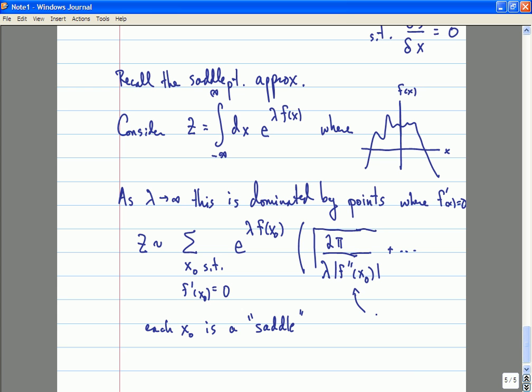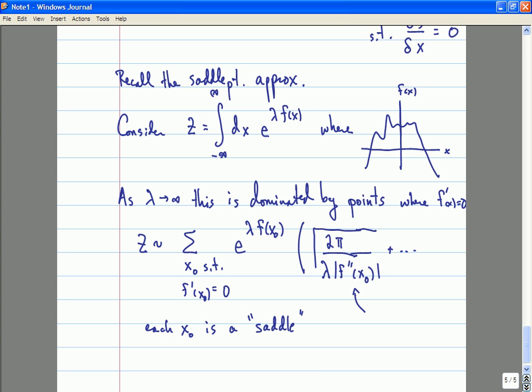If you're bored during this class, check this formula for a Gaussian integral. Indeed, that square root of 2 pi, that's the integral of e to the minus x squared. And so this comes by Taylor expanding f near the maximum. So you imagine Taylor expanding f near its local maximum. The 0th order in the Taylor expansion gives you 0.